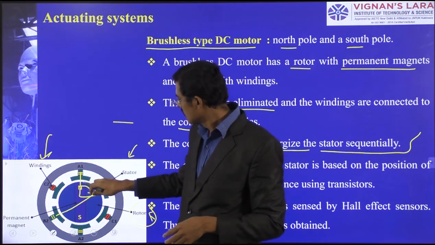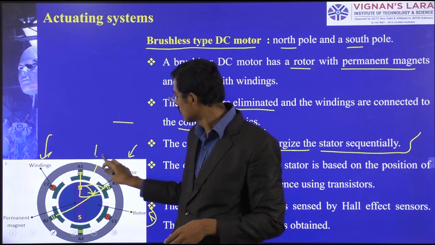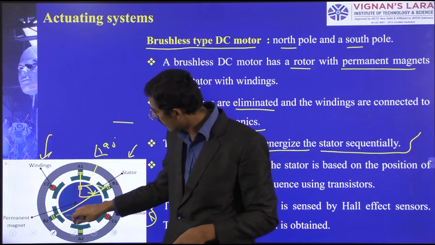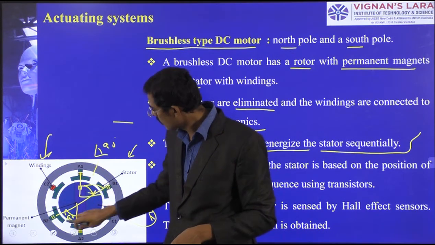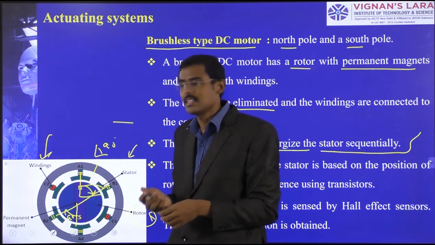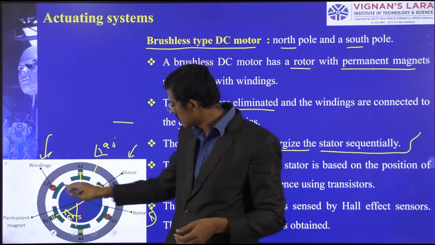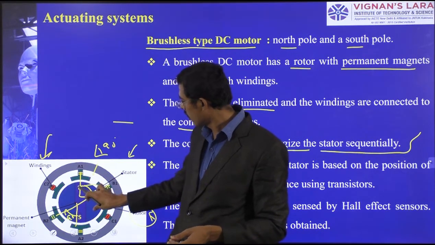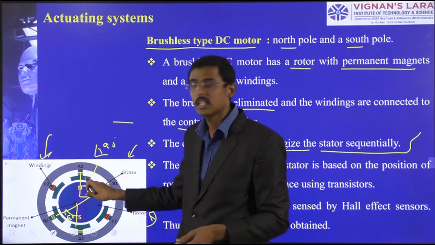What happens? The north poles are attracted toward this position and therefore we are able to move about 90 degrees. The south pole will be attracted here simultaneously and here also we will get one more 90. So continuously, as per the energizing, maybe the B1 or B2 direction, or maybe the C1 or C2 direction, when we are energizing this A1 it comes rotating here.